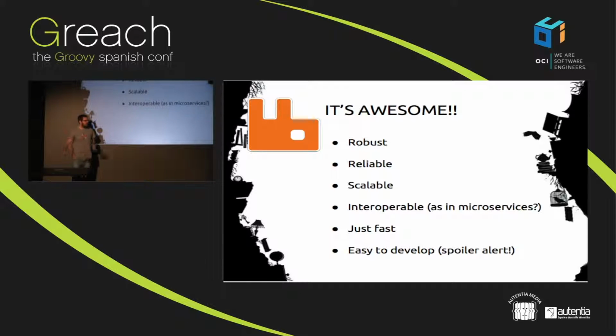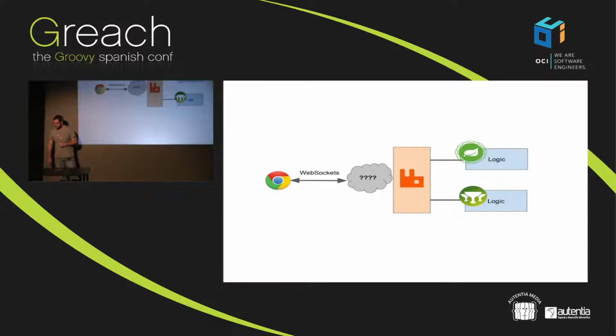Interoperable: you can have your workers programmed in C++ or Java or Groovy. And it's really fast, crazy fast. Under the hood, it uses Erlang, a technology done ad hoc for this kind of capabilities. It's easy to develop, and that's one of the things that I will show you.